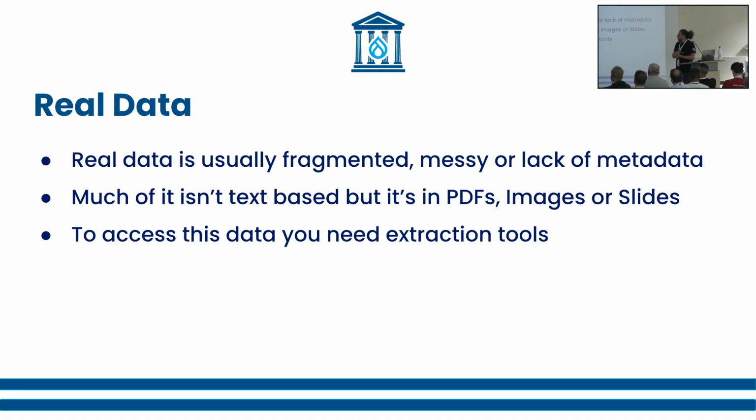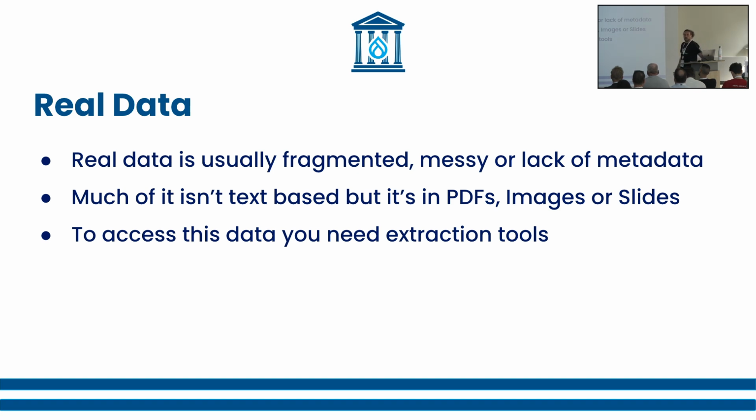Then the real data are really messy. Even if we know that we structured our site really well, the content itself is sometimes not really useful, not well structured. And most of the time, the content is not all text, but you can also find PDF, images, or slides, for example.